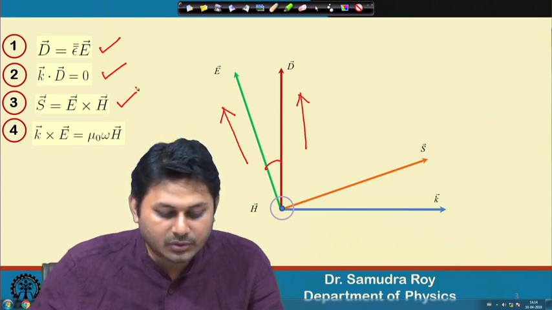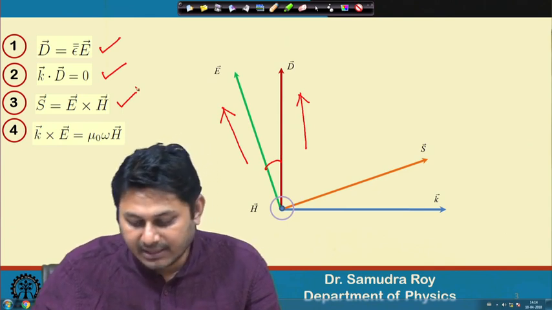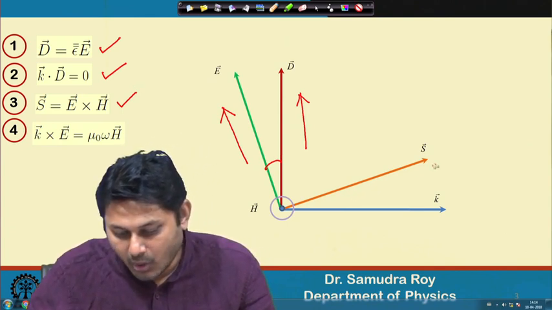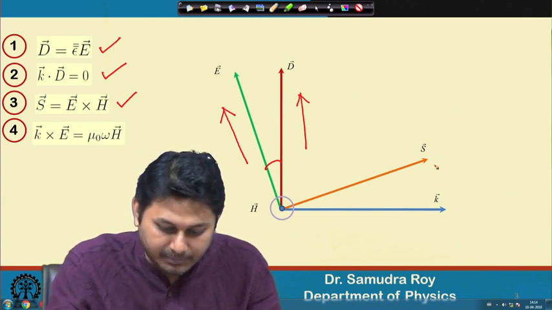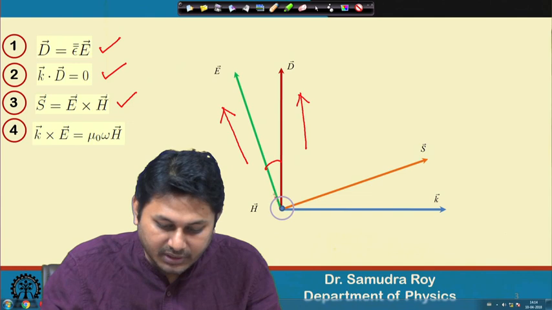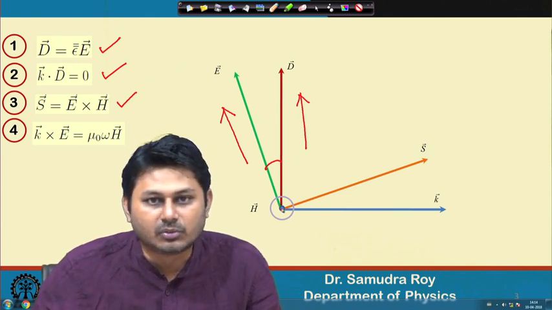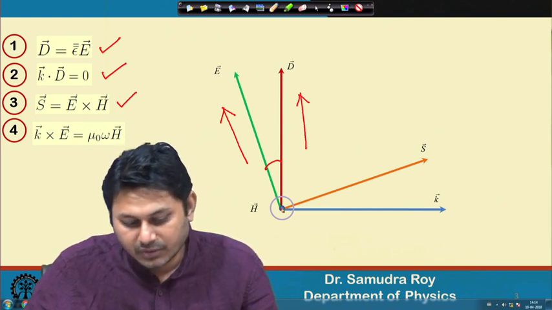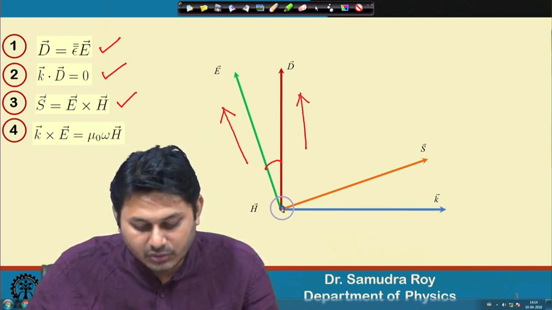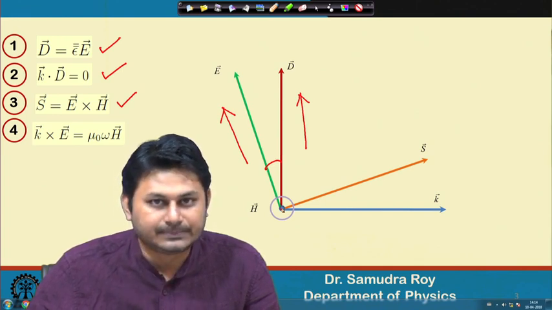Then S is equal to E cross H, which is the usual thing, and that is why S is moving in one direction, perpendicular to E, whatever the E vector we have, and perpendicular to H. So it is perpendicular to both, that means it is perpendicular to the plane containing the vectors E and H.